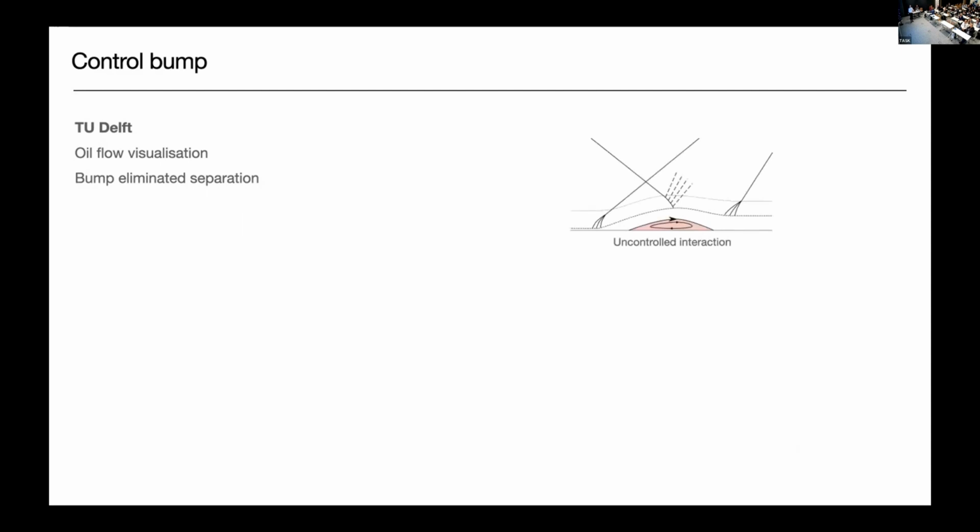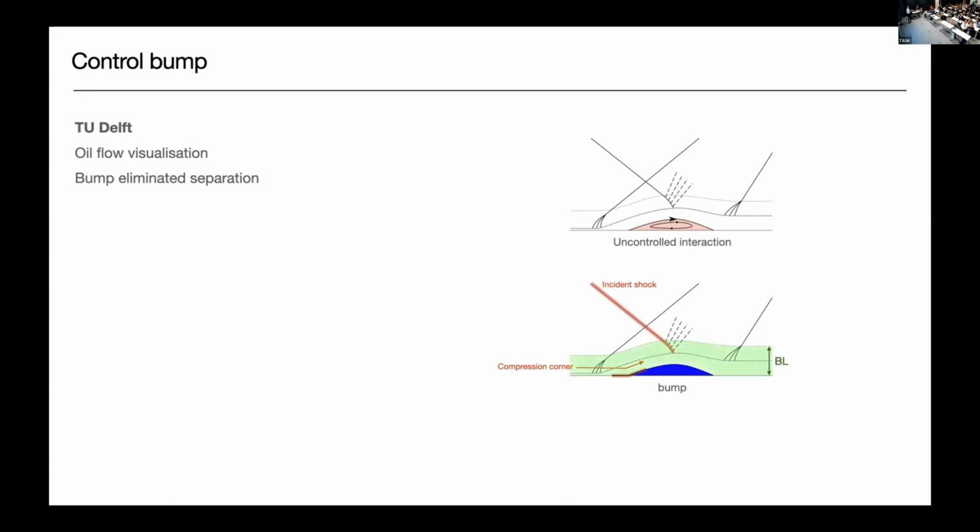So how does this work? Well, what we need to think about is what the incoming boundary layer is experiencing as it goes over the bump. It initially experiences a compression corner at the leading edge of the bump, and then it experiences the incident shock.